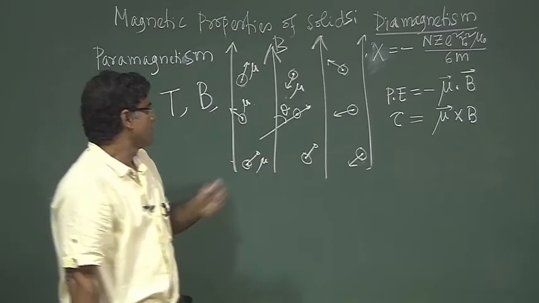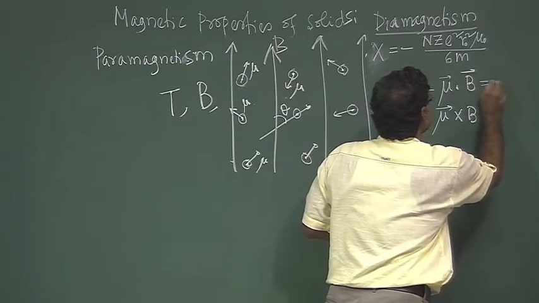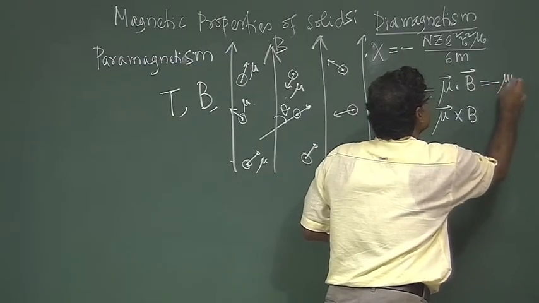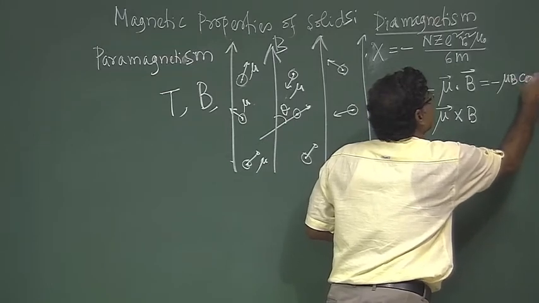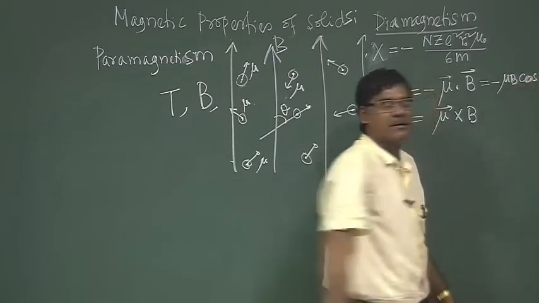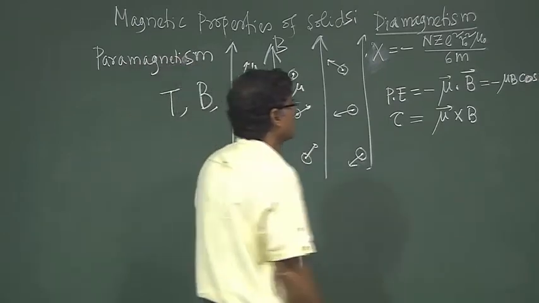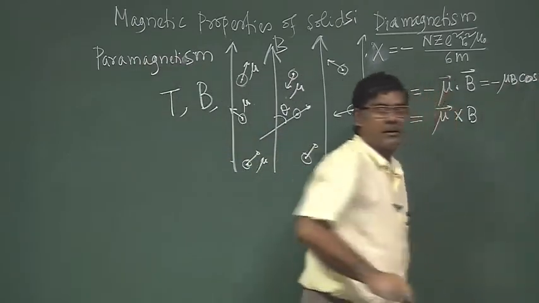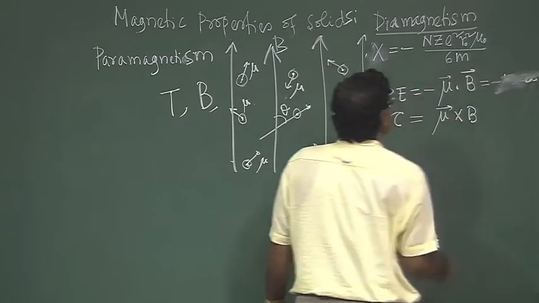Then the potential energy is minus mu B cos theta. Probably you cannot see, so I can write it here.